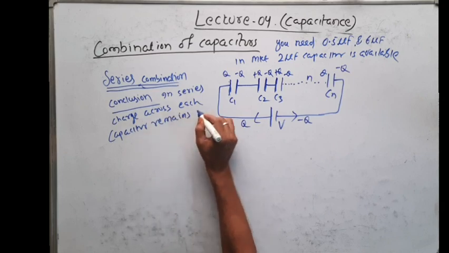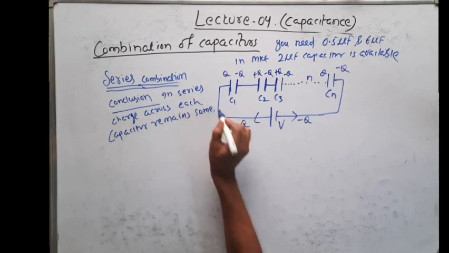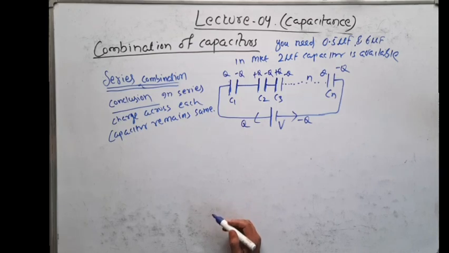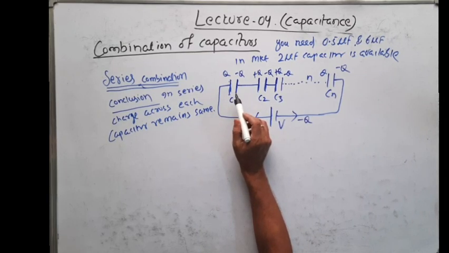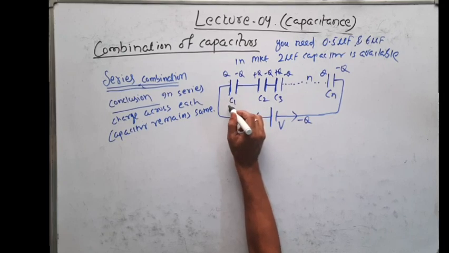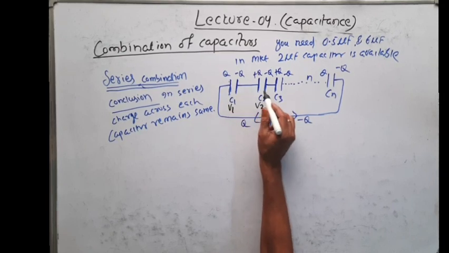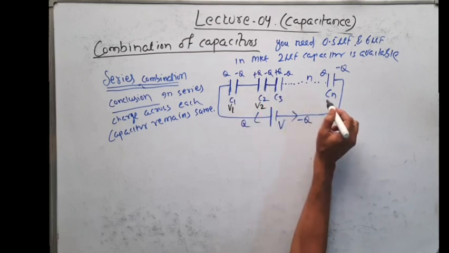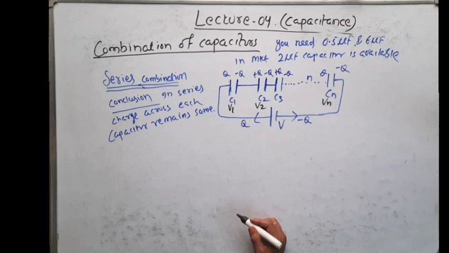This is the characteristic of series connection. But the potential difference across each capacitor depends upon the value of the capacitance. Suppose V1 is the potential difference across the first capacitor, V2 is the potential difference across the second capacitor, and in that way Vn is the potential difference across the nth capacitor.